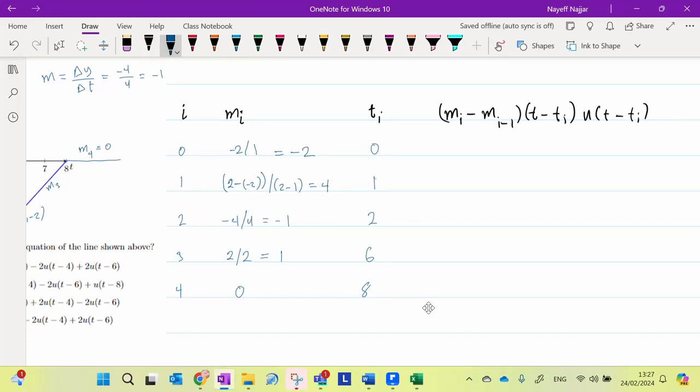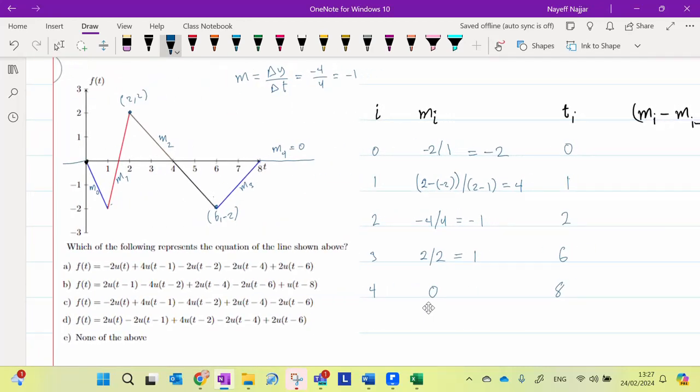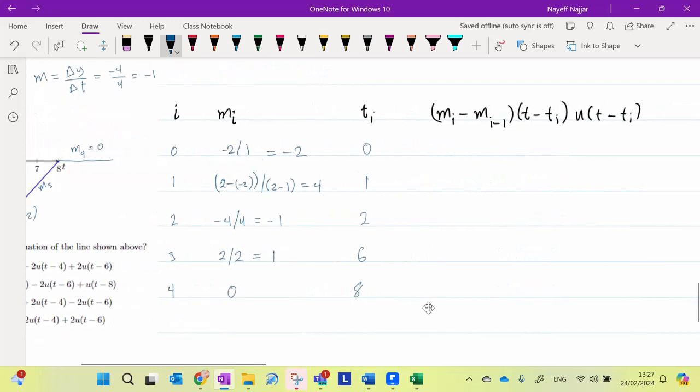For this one, the previous slope is the slope of this line segment, which is 0. So this is -2 minus 0. So I have -2 here, multiplied by t minus 0, that's t, and then u of t minus 0, like this.